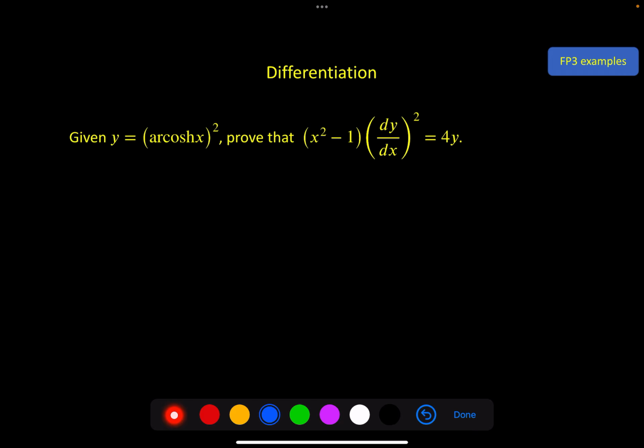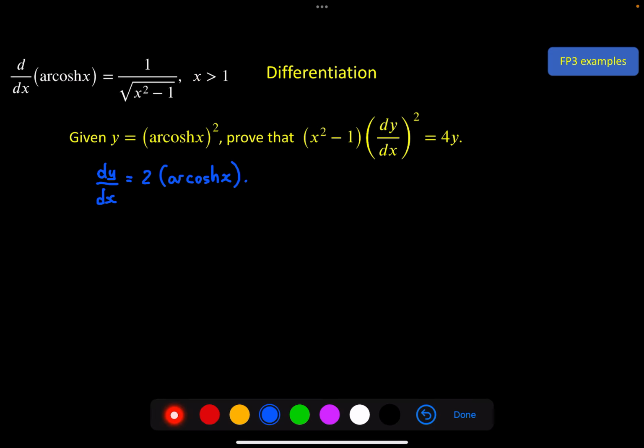Okay, a second example. Given that y is equal to this thing squared, prove that this is true. Okay, here I'm going to apply the chain rule. So the derivative of this is equal to the power on the bracket comes down, 2 times the bracket, times the derivative inside the bracket, which if I look on my formula sheet, well, it's the same one.